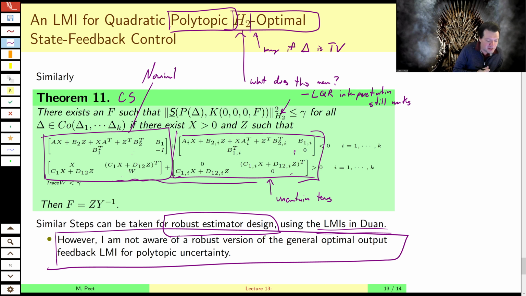That LMI does not extend in a straightforward manner to the polytopic uncertainty case, simply because there's too many variable substitutions that happen. The parameters show up in weird ways, and so it's not as directly extendable. So for dynamic output feedback, truly H infinity or H2 optimal dynamic output feedback, we don't have a result.